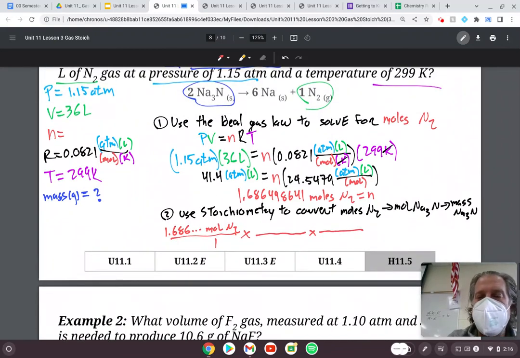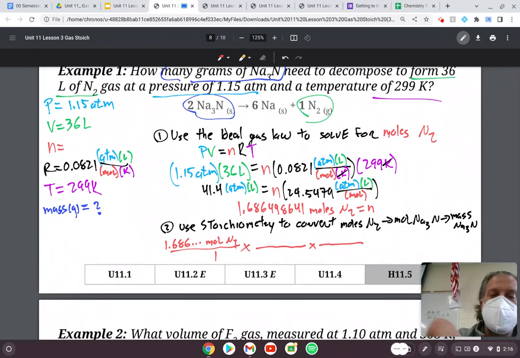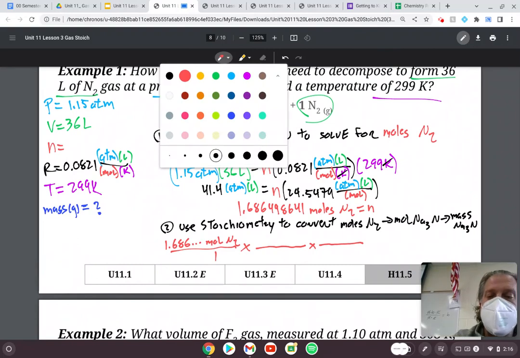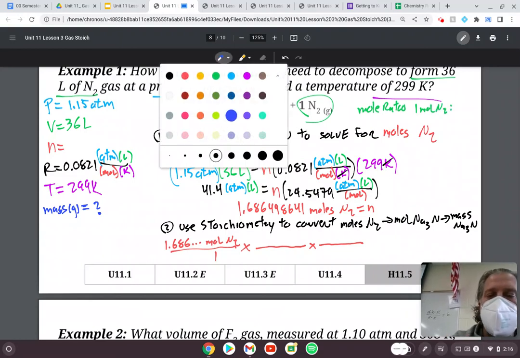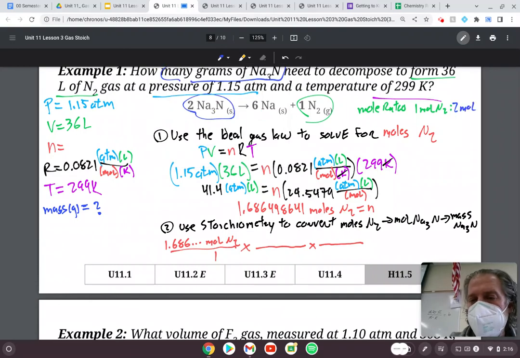So now we need to identify our mole ratio. In this problem, like I've already said, we're comparing nitrogen to sodium nitride, Na3N. So my mole ratio is going to be 1 mole of N2 for 2 moles of Na3N.